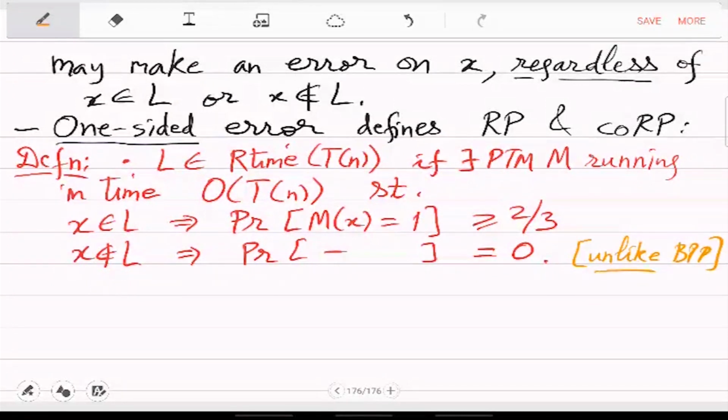In the BPP definition, some error was allowed here also, but in the definition of R time, or what we'll call RP, there should be no chance of error on no strings. On yes strings, there may be some error. Okay, so that is what R time is, running in that many steps, big O of T(n). And then you can define RP.